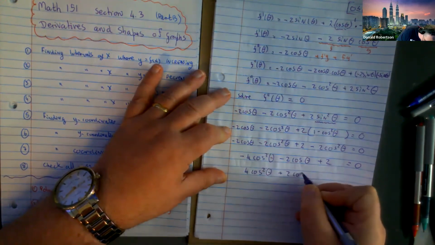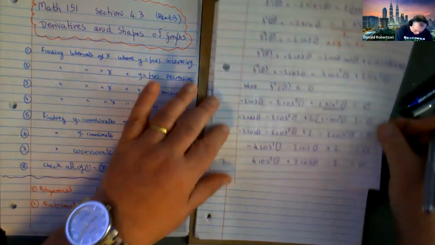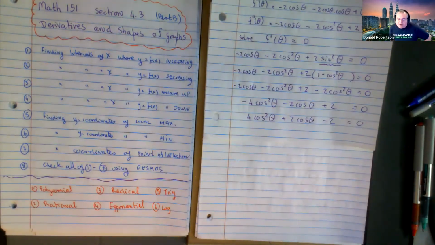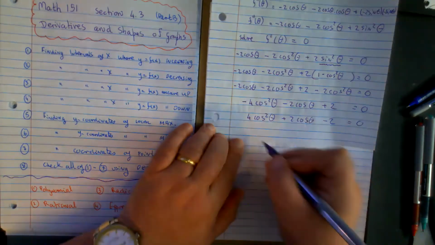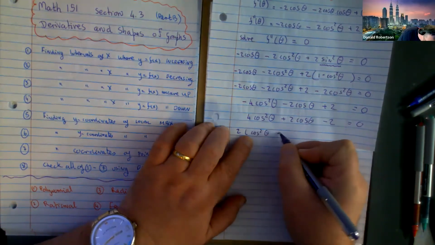The net effect of that is just to change the pluses into minuses and vice versa. Okay, we're going to factor this guy, but is there any number we can take out first as a common factor? 2. So let's do that. Every little bit helps.